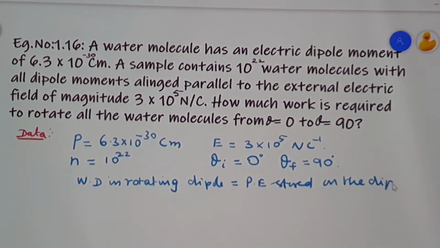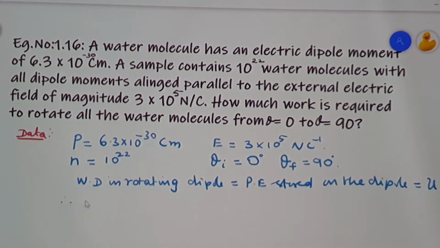Potential energy stored on the dipole is represented as epsilon. So here we have to calculate the difference in work. What is the initial work done? What is the final work done? What is the difference in work done in order to rotate it from 0 to 90 degree?